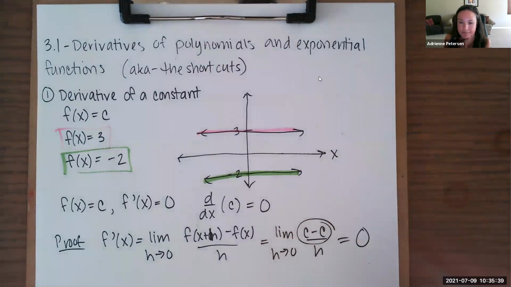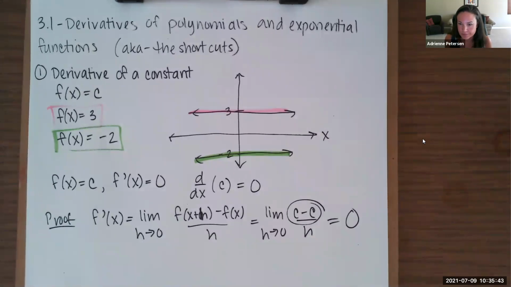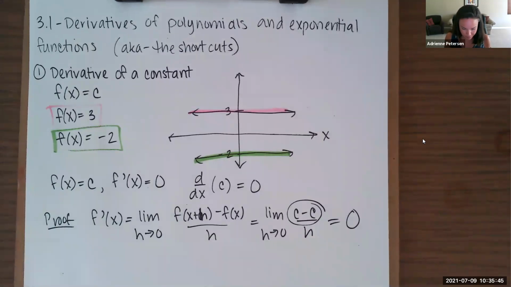And this is just 0. Any questions so far? Okay, so the derivative of a constant is 0.